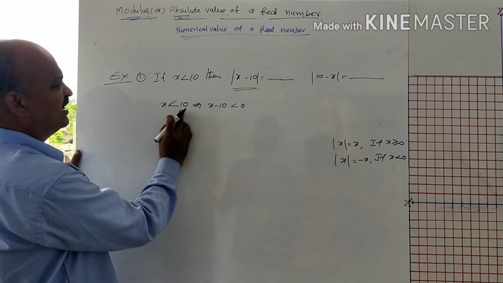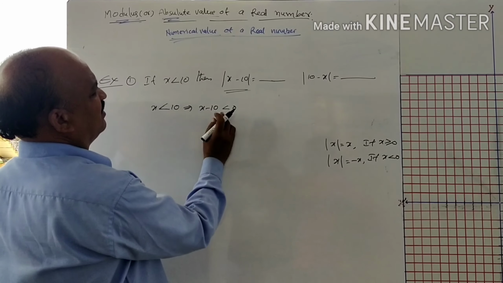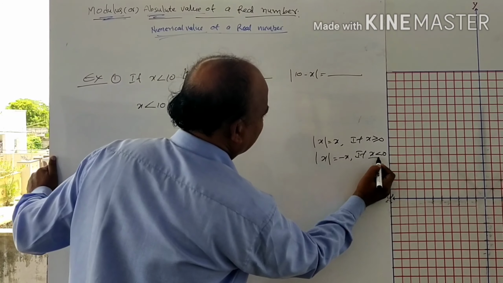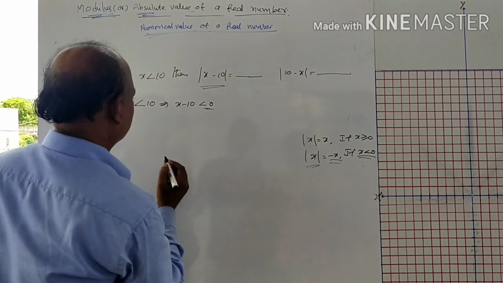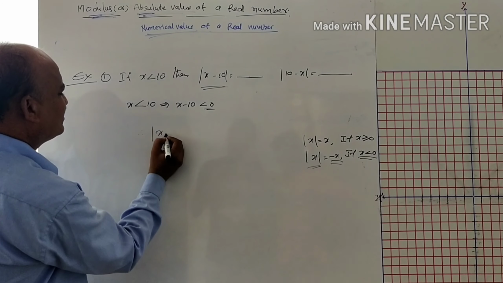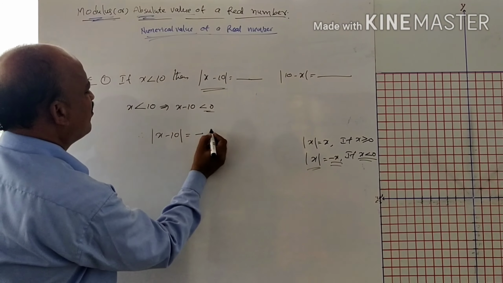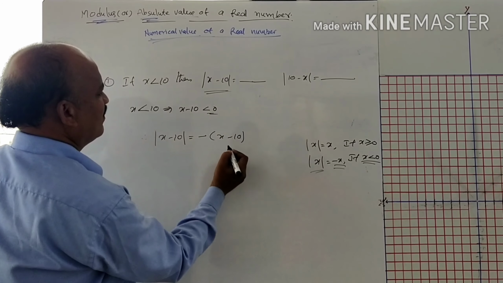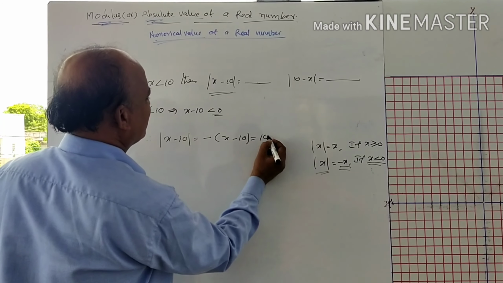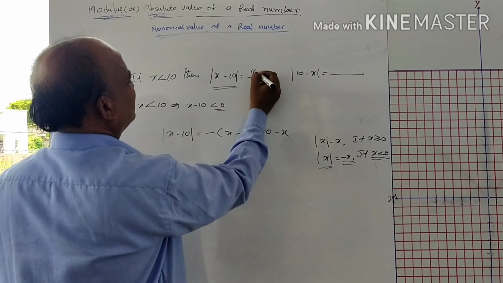Therefore modulus x minus 10 equals minus of x minus 10, that equals 10 minus x.